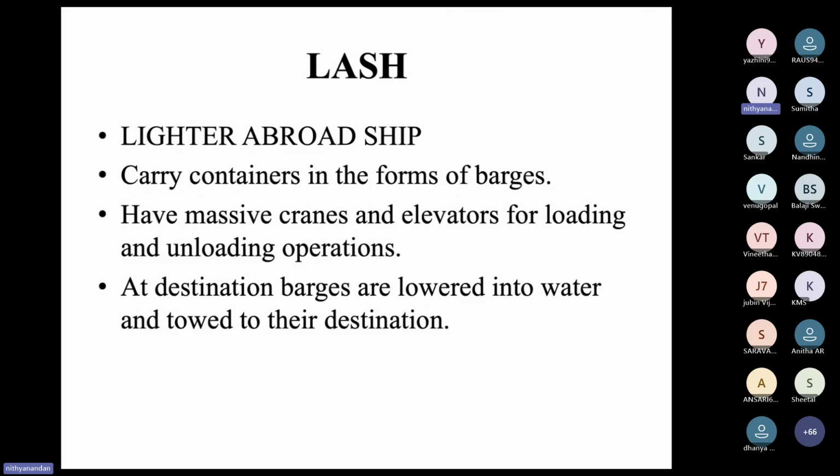So the entire boat is loaded onto the ship. On the destination also, the boats are lowered using the cranes and they will sail towards the shore. This type of ship is called LASH, Lighter Aboard Ship.